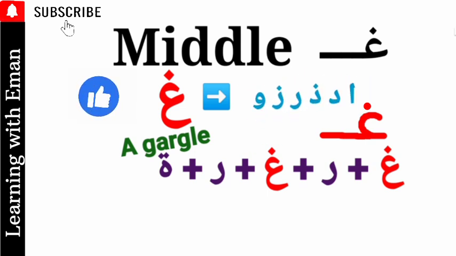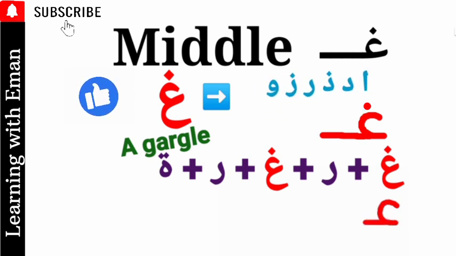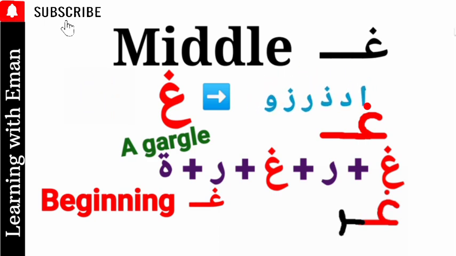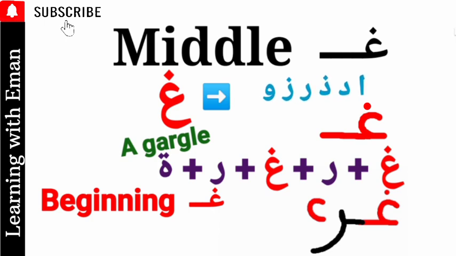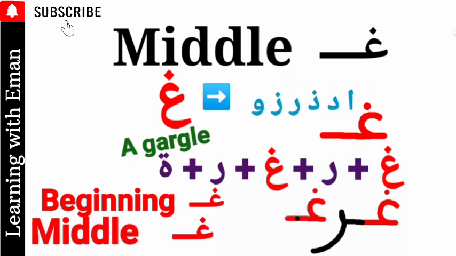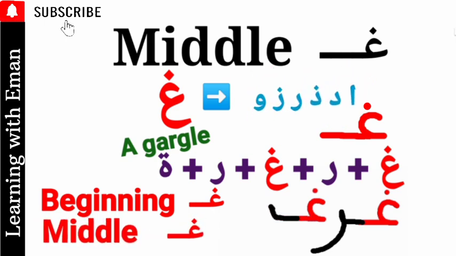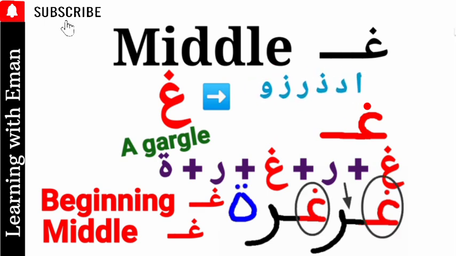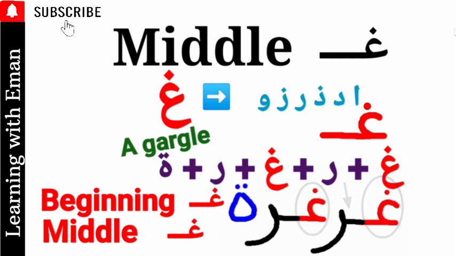Now let's join these letters together. غ. غر. ر. هي. غرغرة.